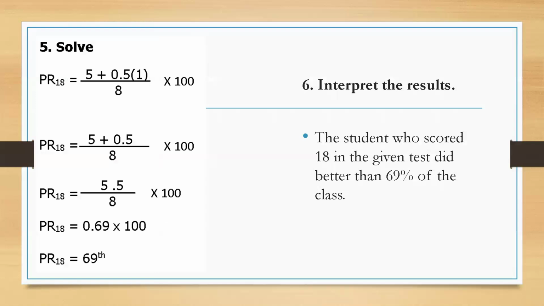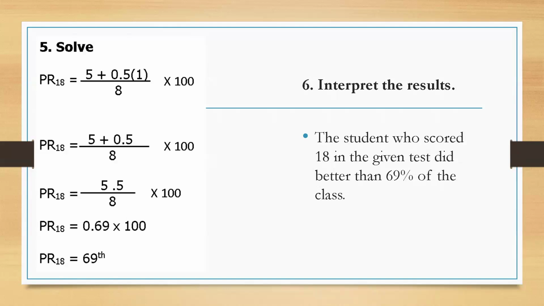So step 5 is to solve after substitution. The cumulative frequency is 5, the frequency is 1, the N is 8, and the 0.5 and 100 are constants.